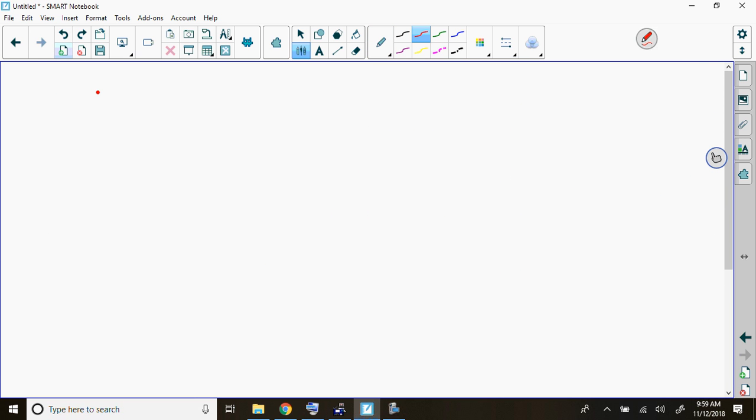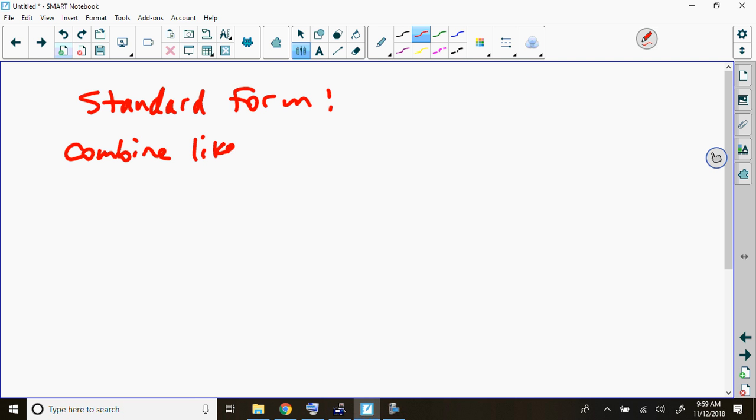What we need to talk about and address before we go any further is what it means for a polynomial to be in standard form. In standard form, what we do is we combine like terms and write the terms in descending order.